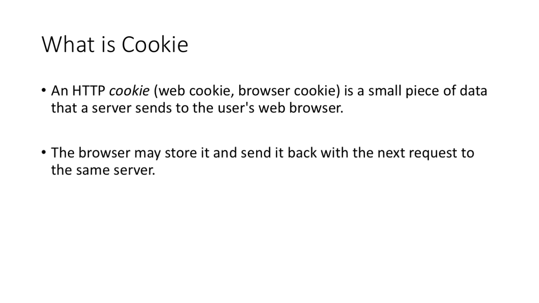Now what exactly will this cookie do? Once this cookie is stored, you can use it for different purposes. But in this example, we will use this cookie to maintain the session, the login session. In browsers we have settings, right? We can say allow these cookies or not. So the browser may store it or may not store it, but when you store it, you can use this cookie information in the next API call or the next request to the same server.